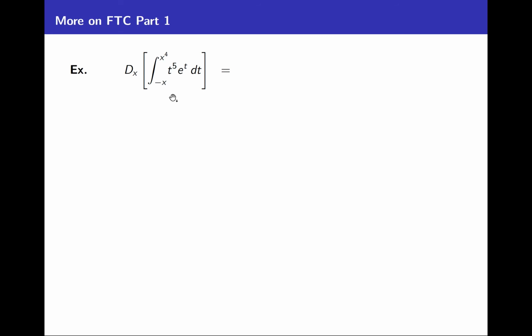So this integral exists no matter what its limits of integration are. So let's pick a t value. Let's say t equals 0, just arbitrarily, and break up this definite integral with one of our definite integral rules. The definite integral from minus x to x to the fourth of t to the fifth e to the t dt equals the integral from minus x to 0 of t to the fifth e to the t dt, plus the integral from 0 to x to the fourth of t to the fifth e to the t dt.